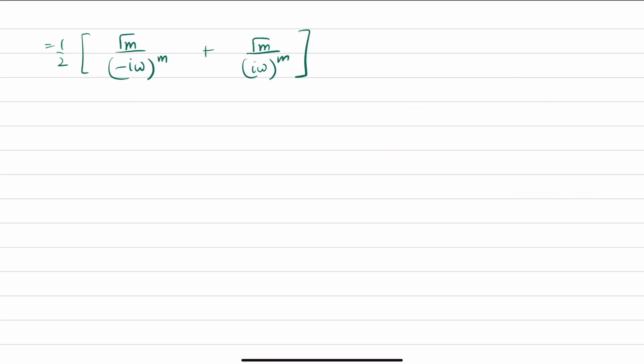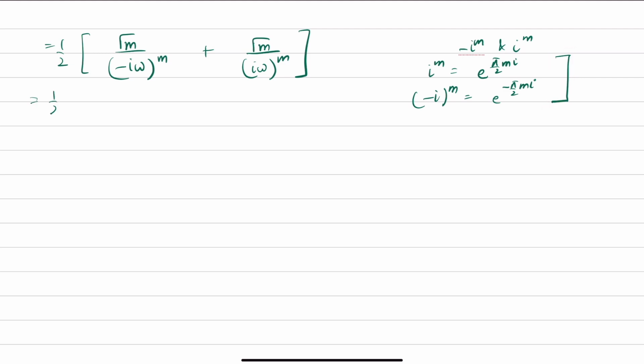Alright, now we have to substitute (-i)^m and i^m, right? As I told you, i^m is equal to e^(iπm/2), and (-i)^m equals e^(-iπm/2). I also told you how these both were derived in the previous part. If you still have a confusion, you can rewind the video and look at that part again.